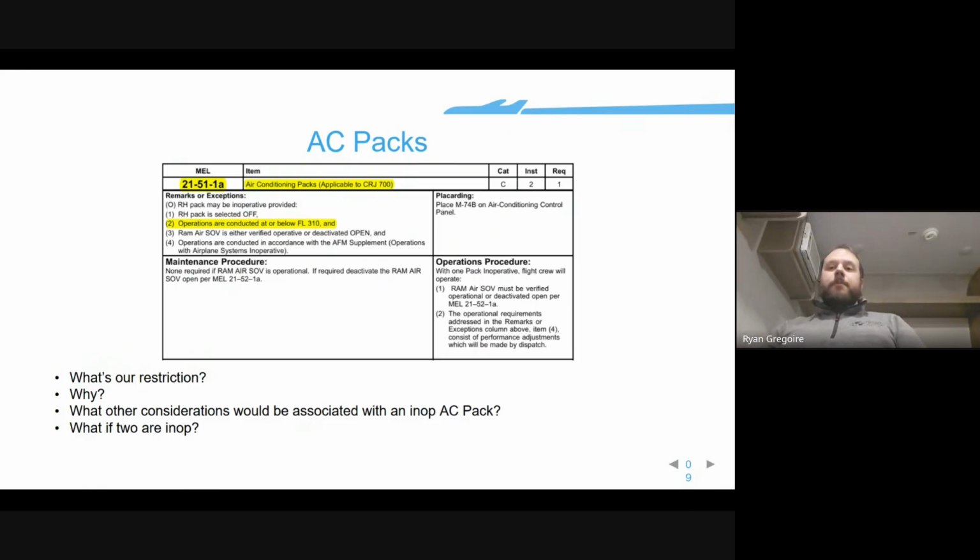Now, very likely there is a different MEL that says 2 installed, 0 required. However, its operational limitations would be flight is operated at or below 18,000 feet and no passengers are on board.